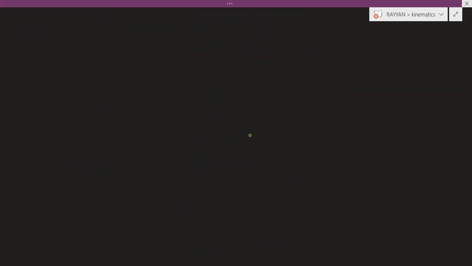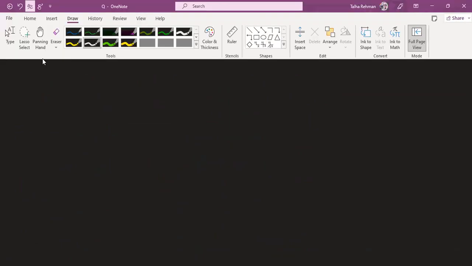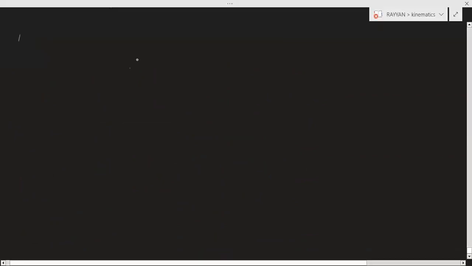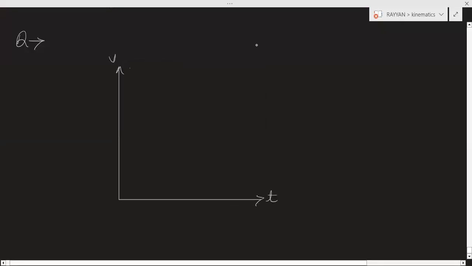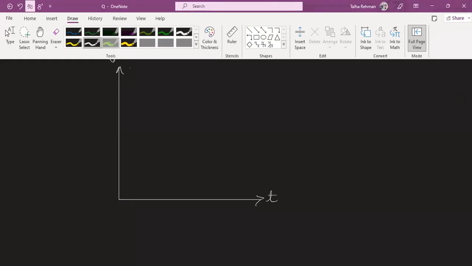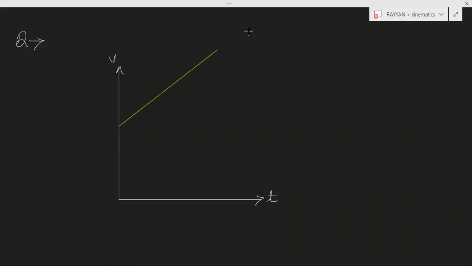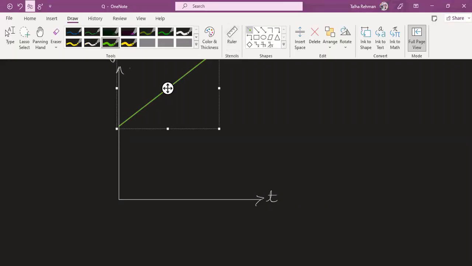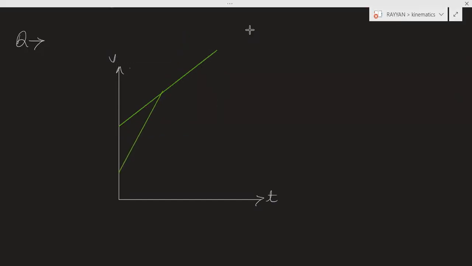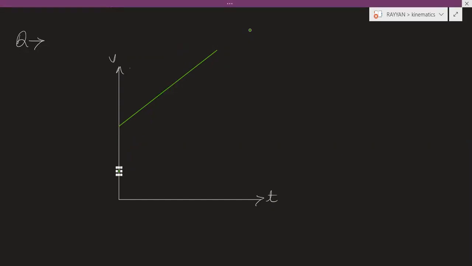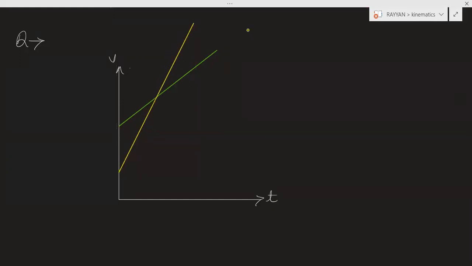Now one more question. Two graphs are given.